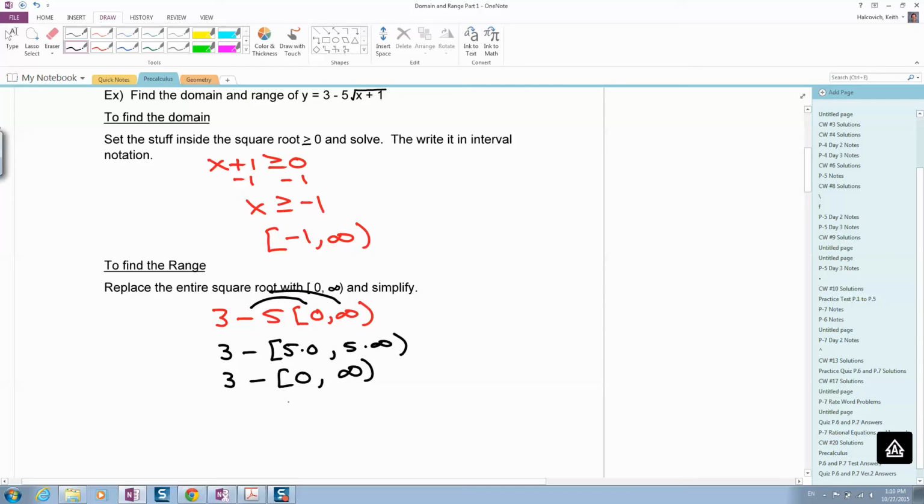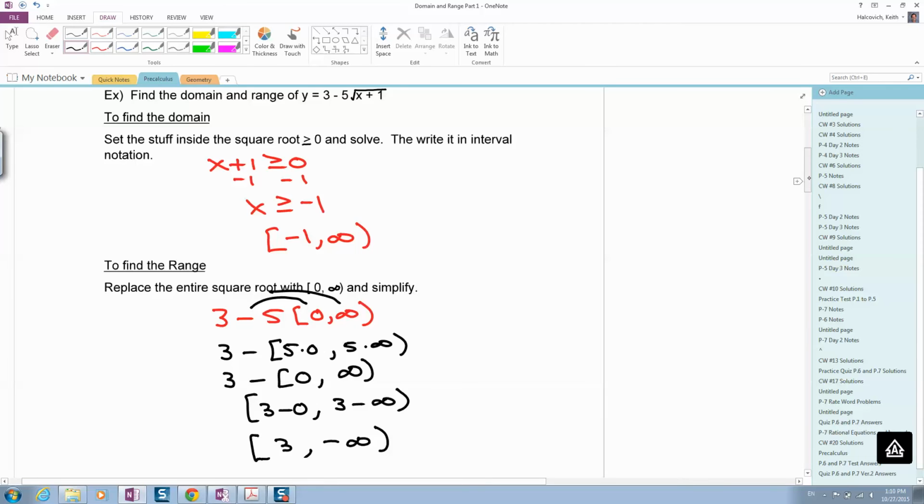So then 3 minus 0 is going to give you 3, and 3 minus infinity. Now remember, if you subtract a big number from a smaller number, you're going to get a negative. So 3 minus infinity is going to be negative infinity.